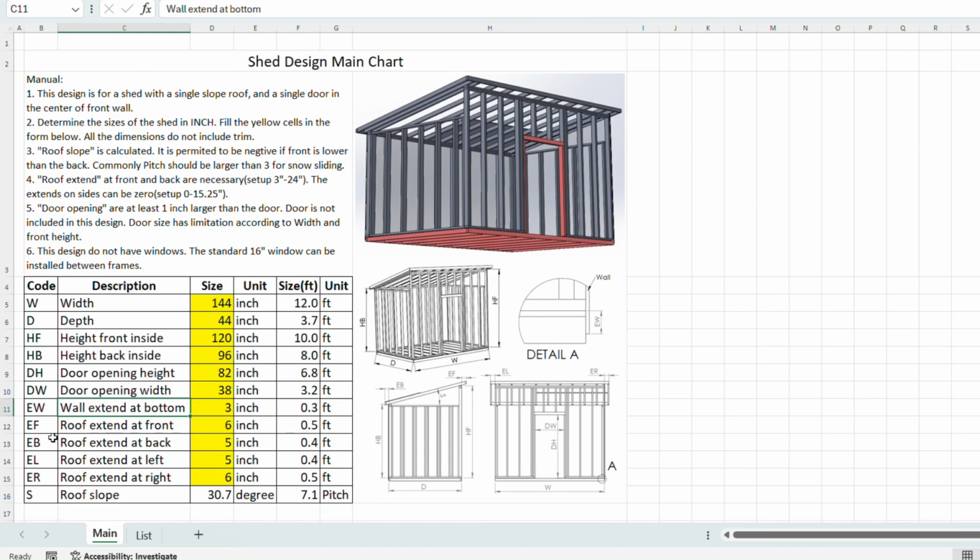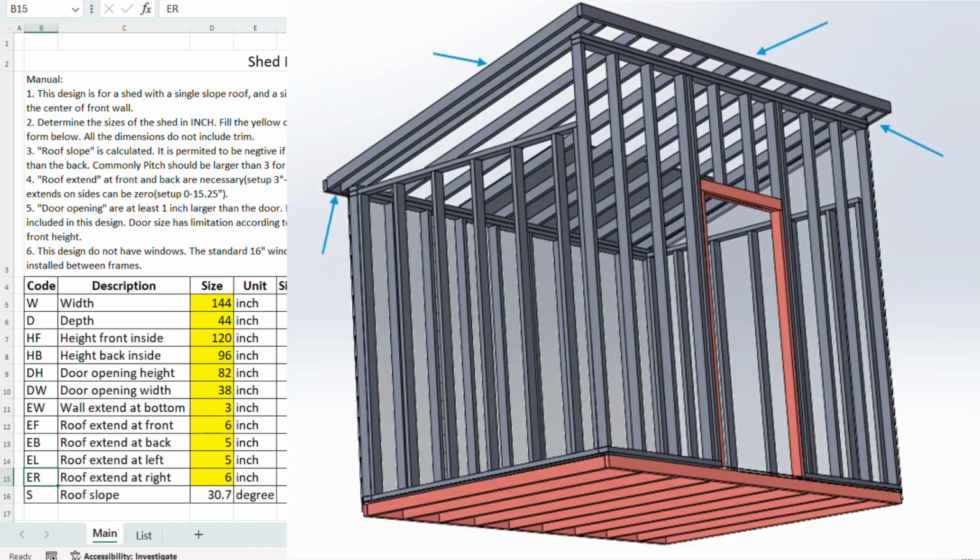The remaining four, EF, EB, EL, ER, for front, back, left, right, are about the roof extension. So the roof will extend a little bit in the front, back, left, and right.